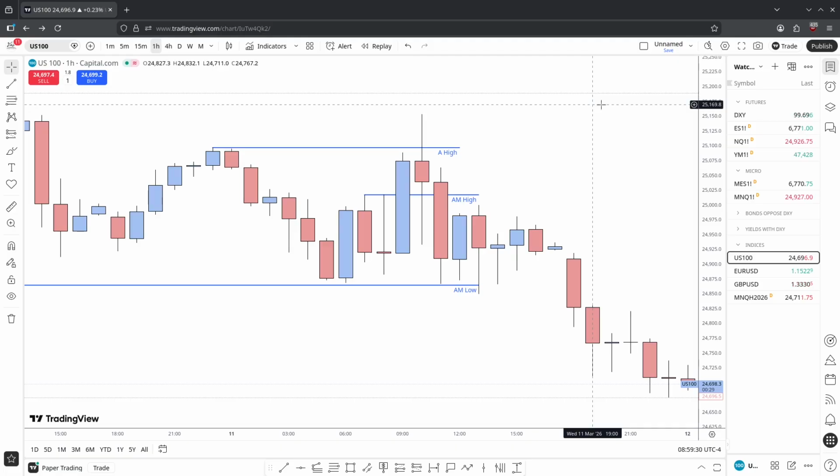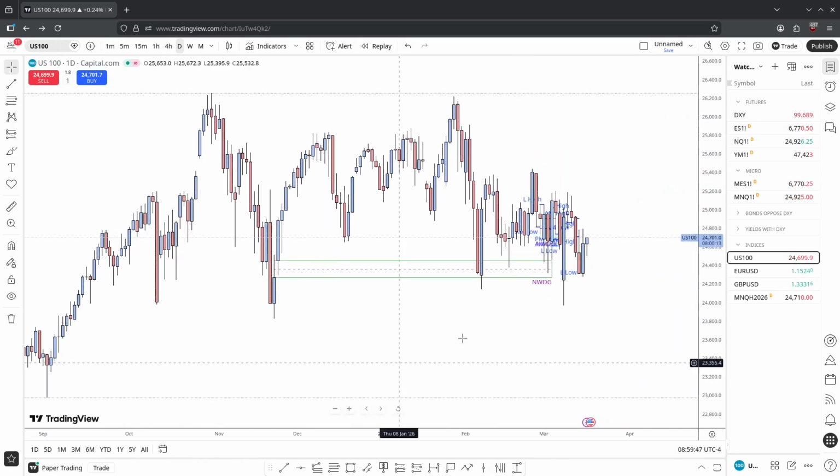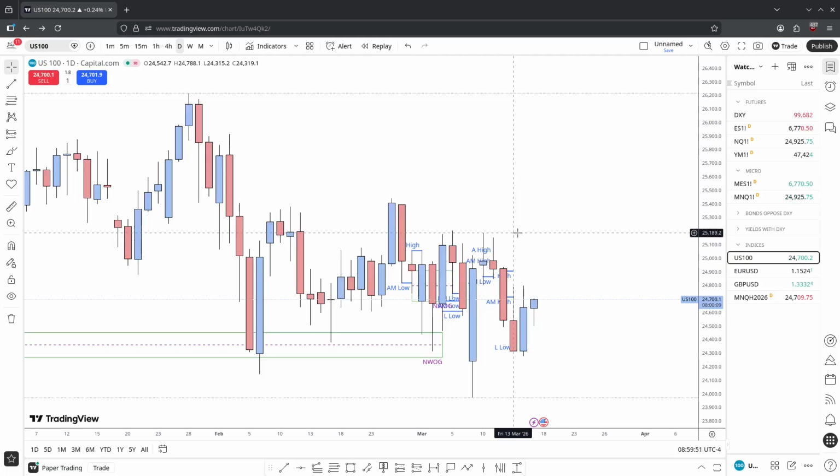Now everybody's going like, oh, how can you take a trade if you don't know where it's going to go? I'm not sitting here going into a daily and being like, is it going to go long? Am I going to go short today?